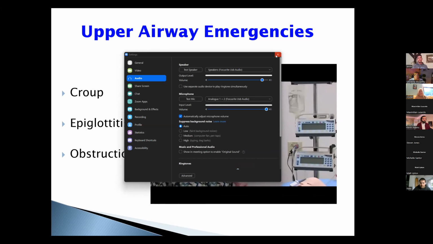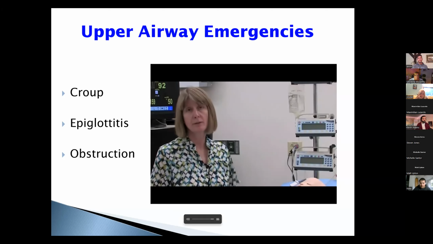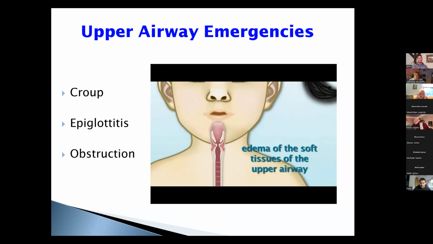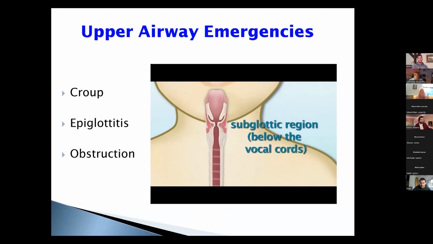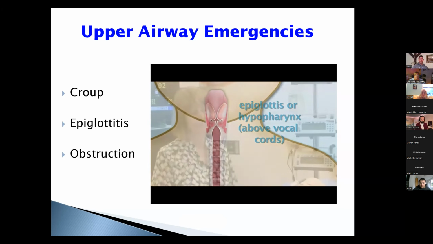There is a set of conditions that can result in upper airway obstruction, but what they all have in common is typically some edema of the soft tissues of the upper airway, either in the subglottic region, below the vocal cords, or in the soft tissues above that, such as the epiglottis or hypopharynx.